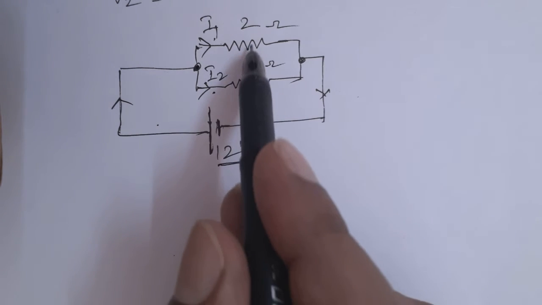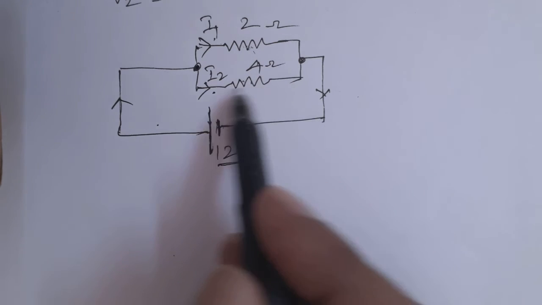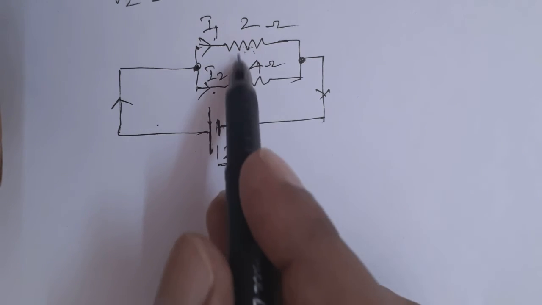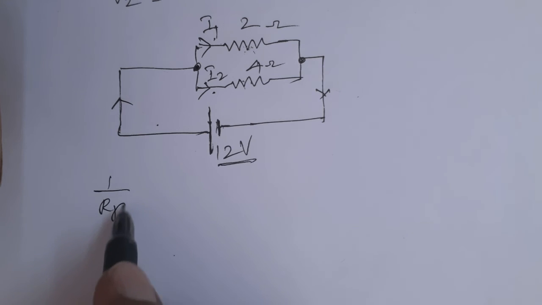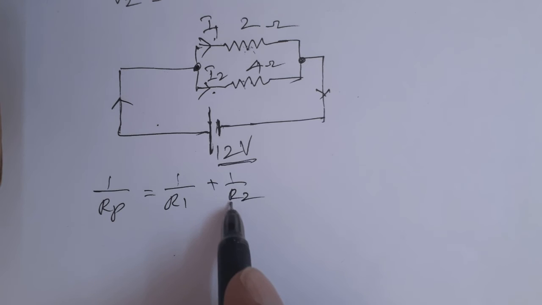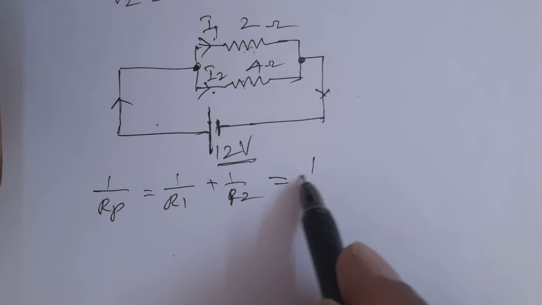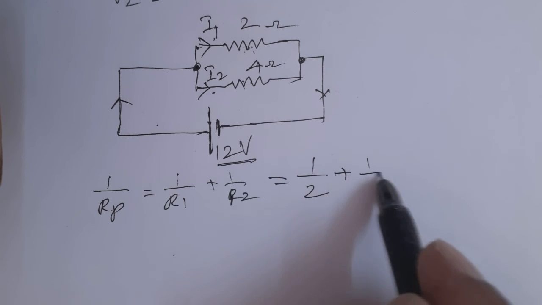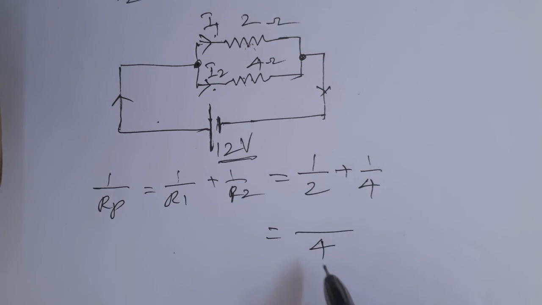So what is the net resistance, the total resistance offered by these two resistances when they are connected in this parallel connection? In parallel connection, what is the formula used? 1 by Rp equal to 1 by R1 plus 1 by R2. So this is our formula. Substitute the values of R1 and R2: 1 by 2 plus 1 by 4. Take the LCM and find the total resistance.